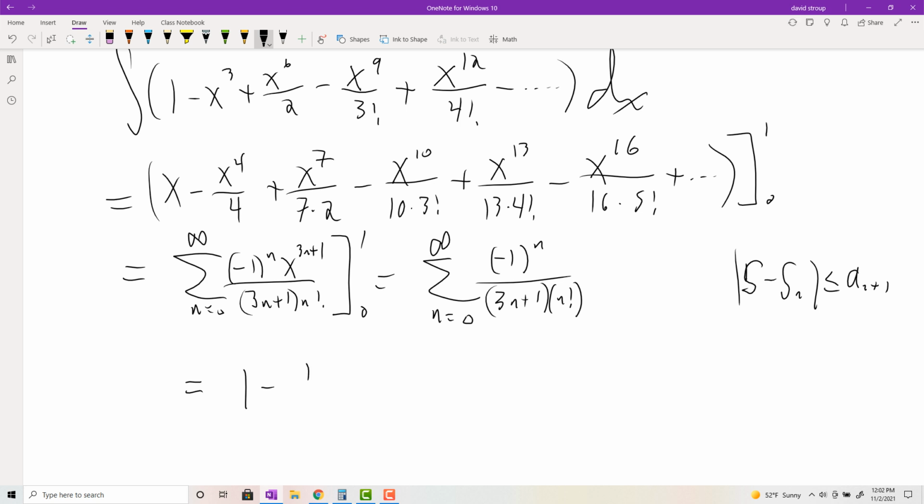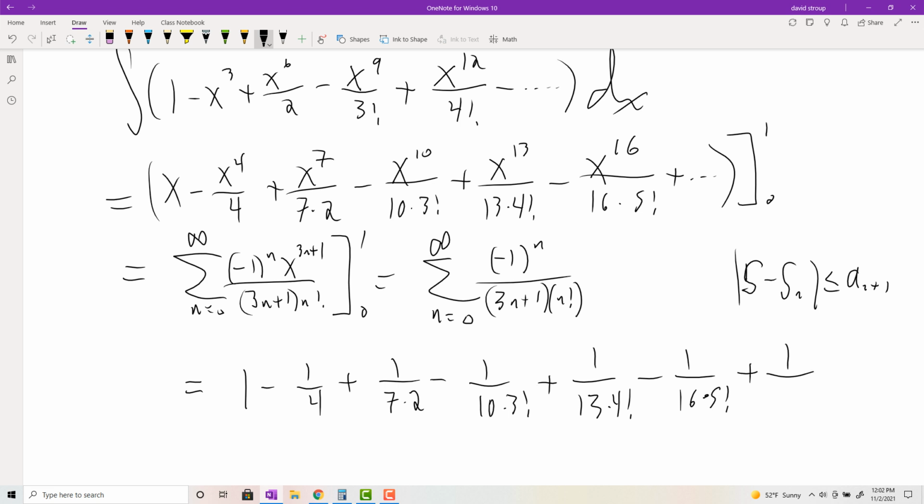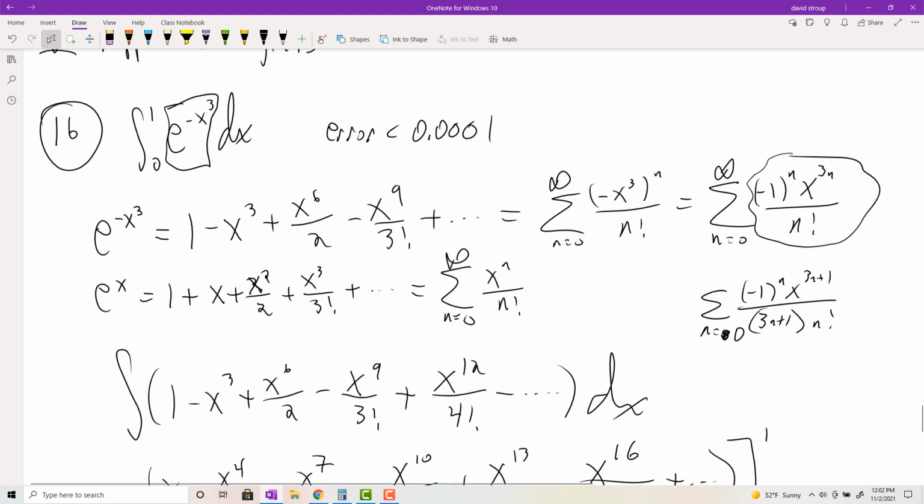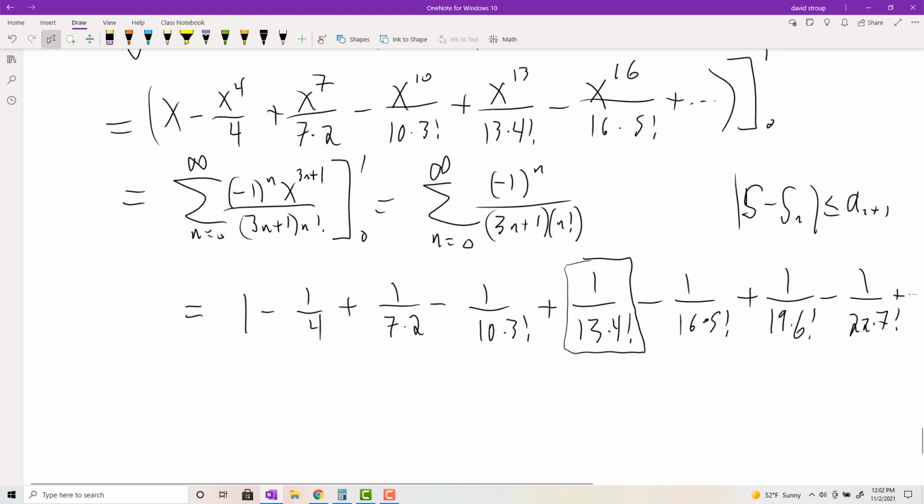So 1 minus 1 over 4 plus 1 all over 7 times 2 minus 1 all over 10 times 3 factorial plus 1 all over 13 times 4 factorial minus 1 all over 16 times 5 factorial plus 1 all over 19 times 6 factorial minus 1 all over 22 times 7 factorial, etc. And then you start looking at these terms, right? Once you find that one is less than the error, your answer is everything that comes before it. And it's just the alternating series estimation theorem.